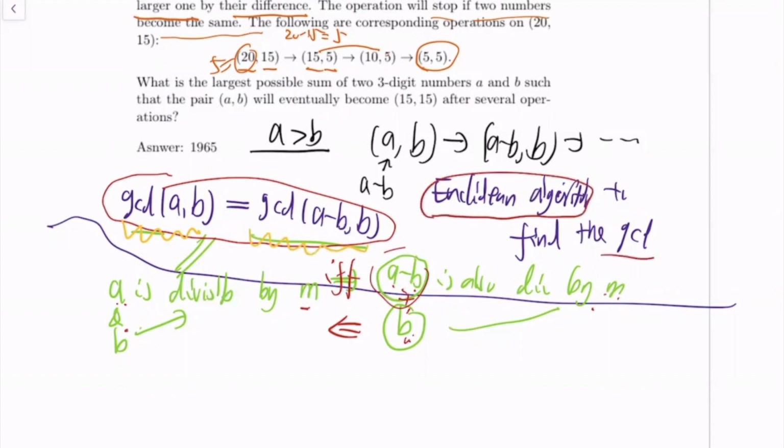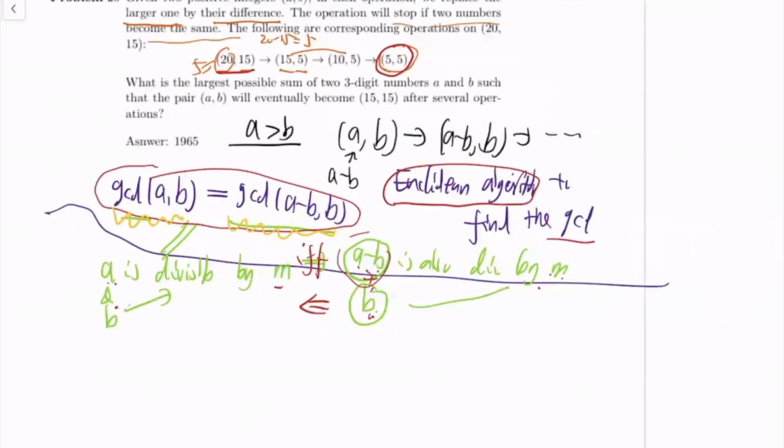If you keep doing this operation, you're able to reduce the two numbers. Like here, you're eventually able to reduce 20 and 15 to 5 and 5. The advantage of this is you don't have to do the factorization. You don't have to find the factors like in the ladder method. This is at least one of the algorithms used by computers to find the GCD.